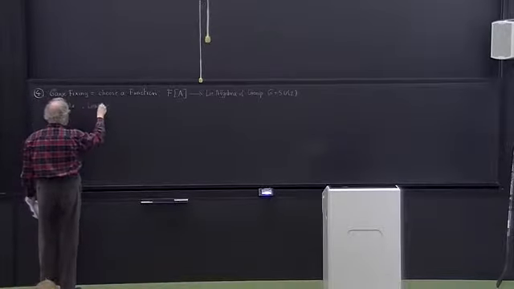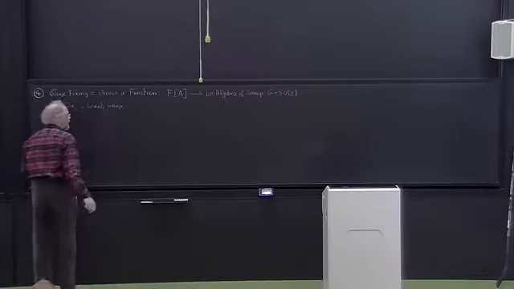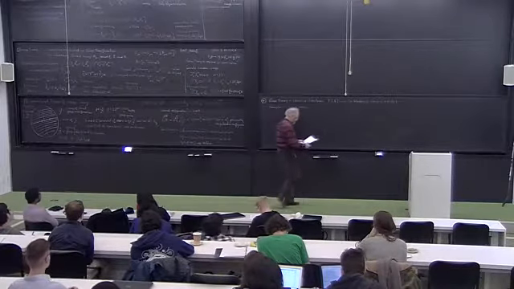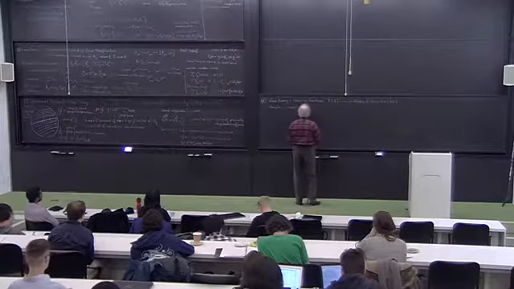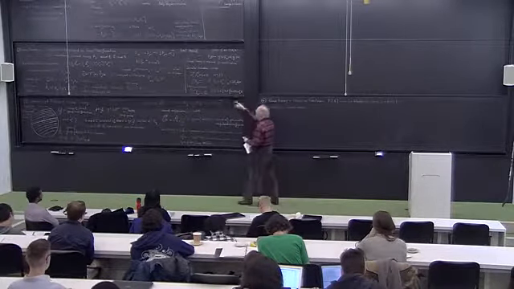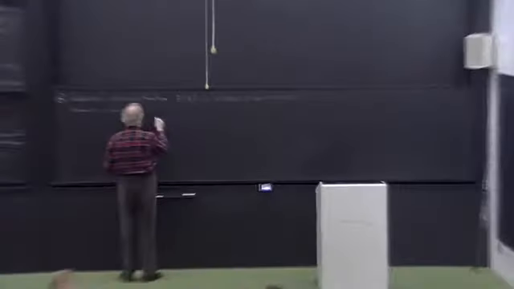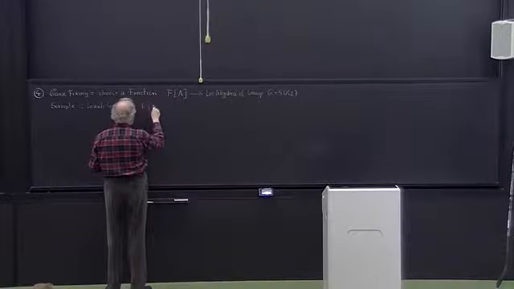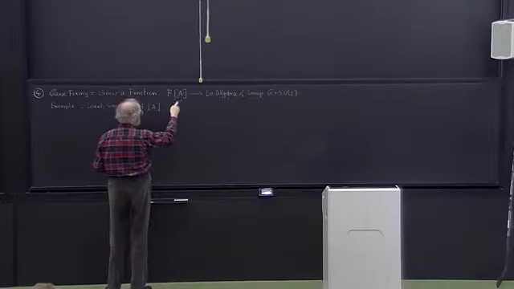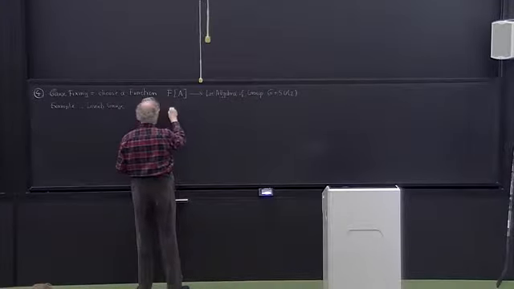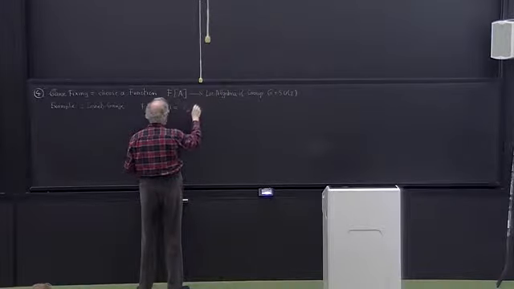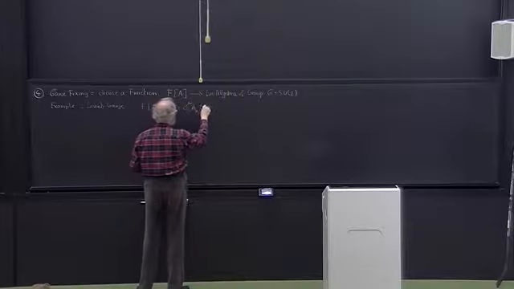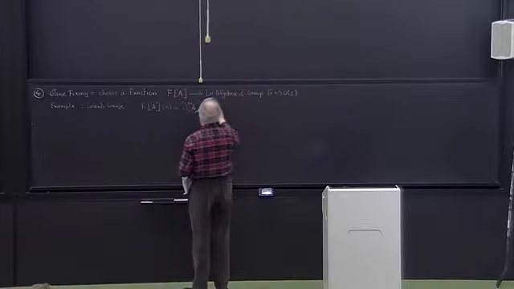So for instance, take the Lorentz gauge. The function f of A is just defined by d mu A mu. So f of A, applied to a given x, is d mu A mu of x, which is a 2x2 matrix.